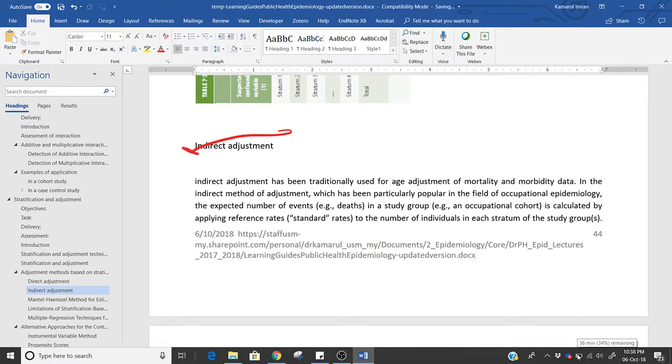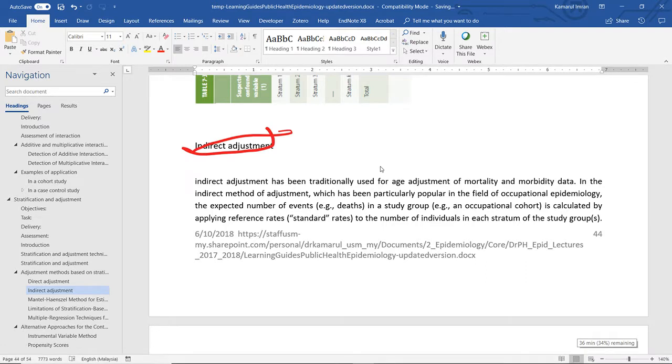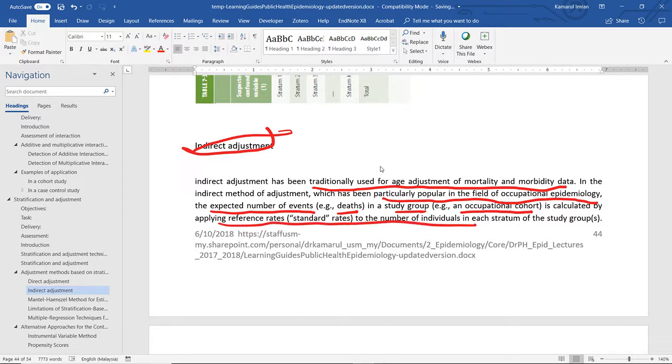Next is indirect adjustment. Traditionally used for age adjustment of mortality and morbidity data, it is particularly popular in the field of occupational epidemiology. So you have the expected number of events, deaths, in a study group, for example, an occupational cohort. Then you apply the reference rate to the number of individuals in each stratum of the study group.